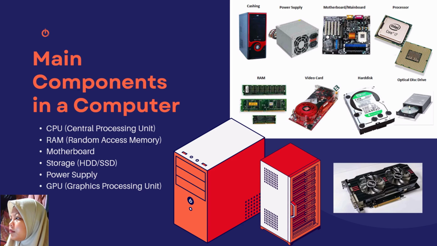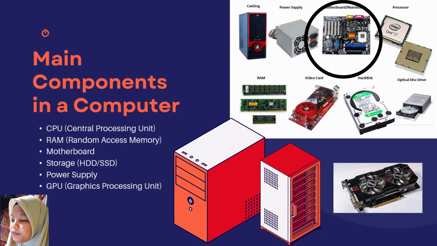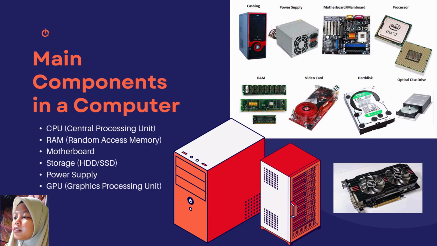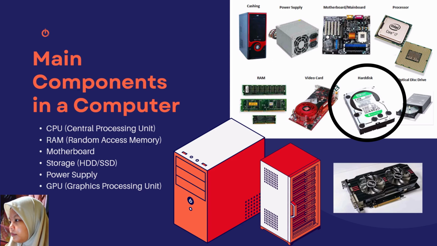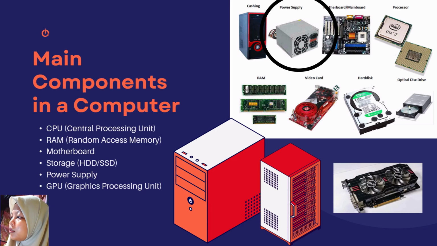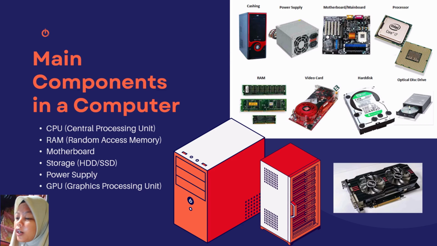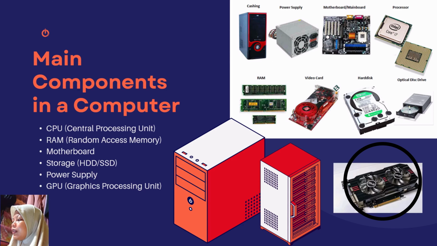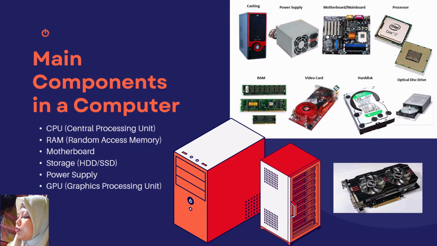The motherboard, or mainboard, that connects all components. Storage, which is HDD or SSD, the hard disk, for saving data. The power supply unit for electrical power, and the GPU, or graphics processing unit, for handling graphics.